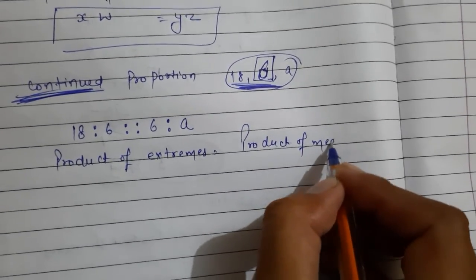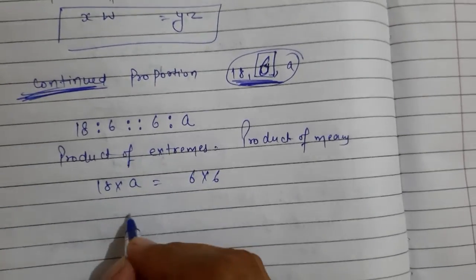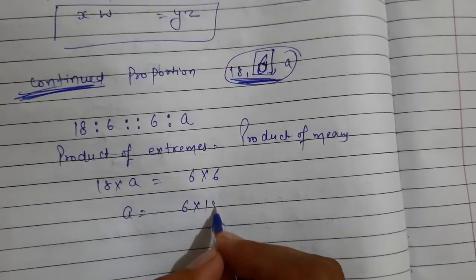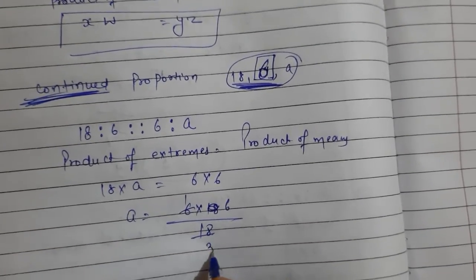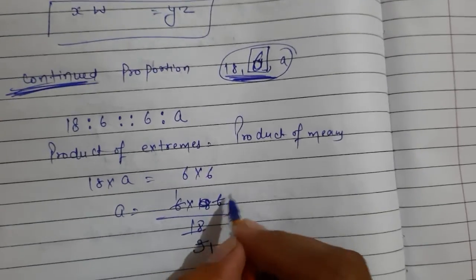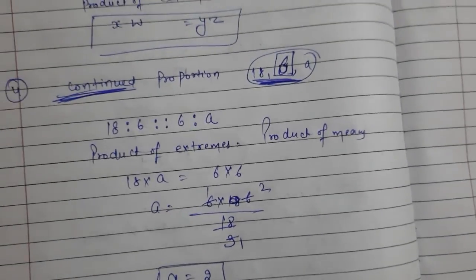So 18 into A is equal to 6 into 6. A is equal to 6 into 6 by 18. 6 ones are 6, 6 threes are 18. 3 ones are 3, 3 twos are 6. So A is 2.